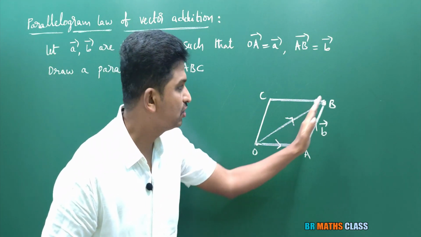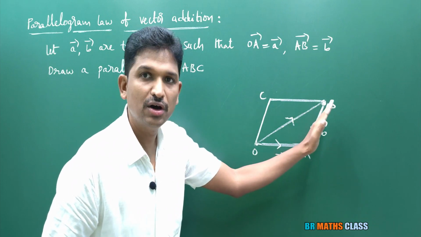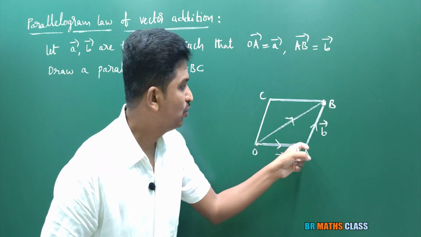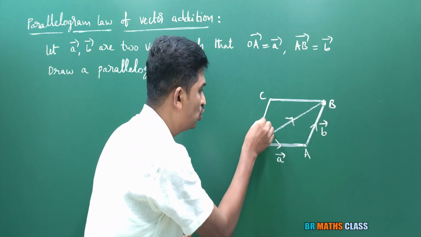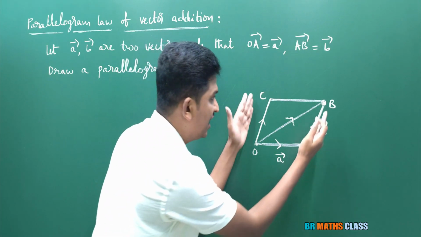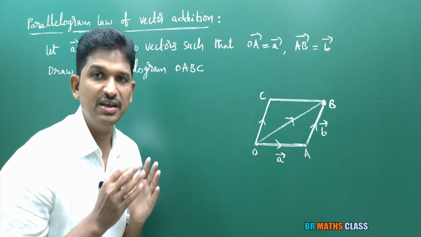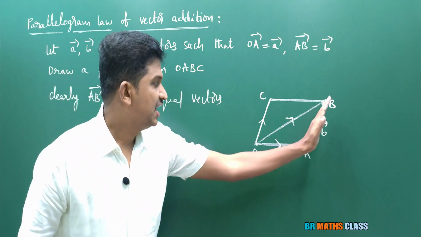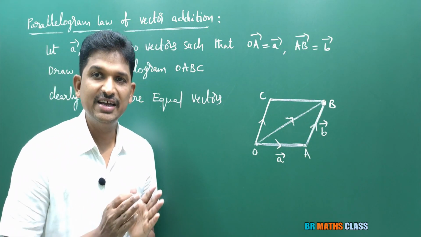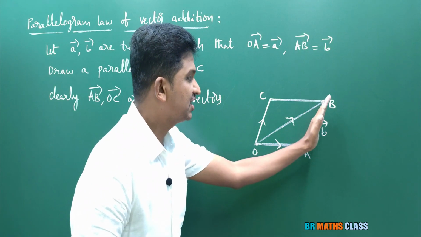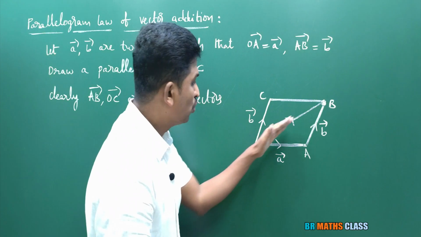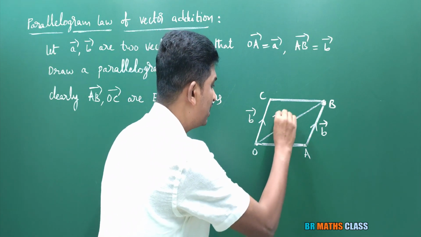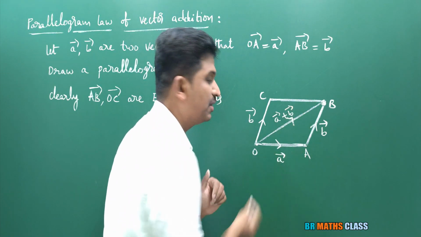As it is a parallelogram, these two have the same magnitude. And what about their direction? AB bar is in this direction, OC bar is in this direction. AB bar, OC bar are clearly equal vectors. Equal vectors means AB bar is B bar, OC bar also B bar. And OB bar is A bar plus B bar.